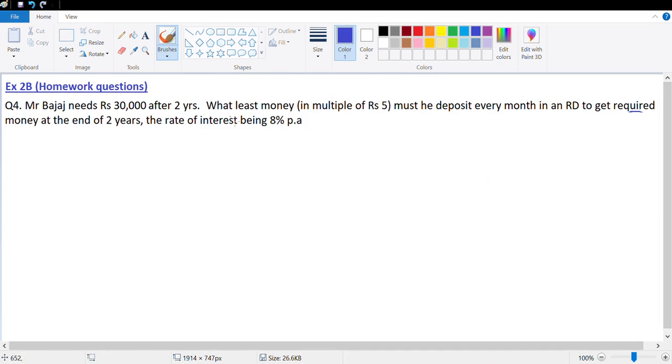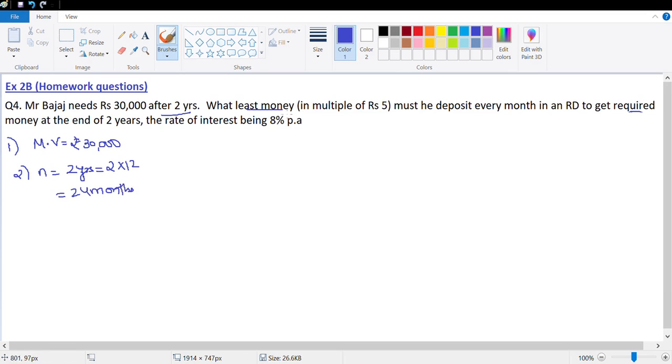The first question that we do is question number 4. It says Mr. Bajaj needs rupees 30,000 after 2 years. So the maturity value is rupees 30,000 after 2 years, which means the time is 2 into 12, which is 24 months.